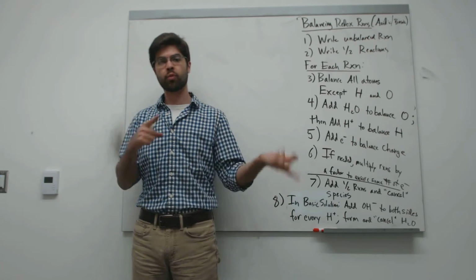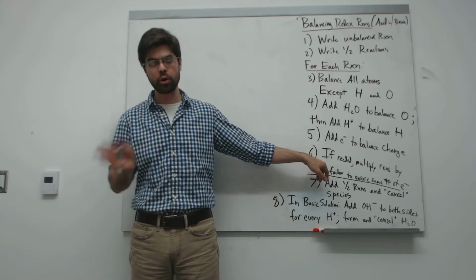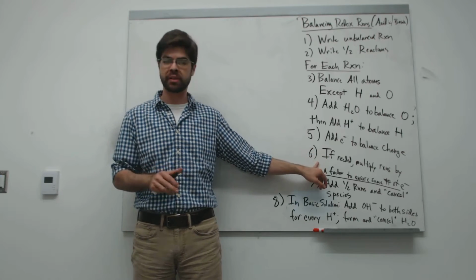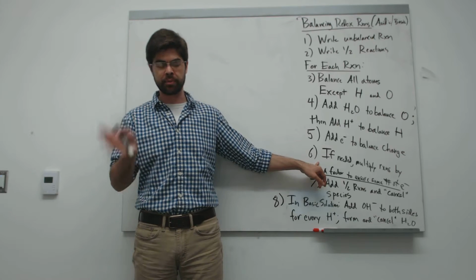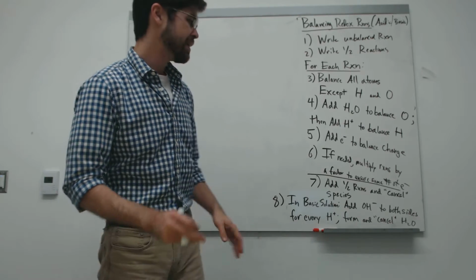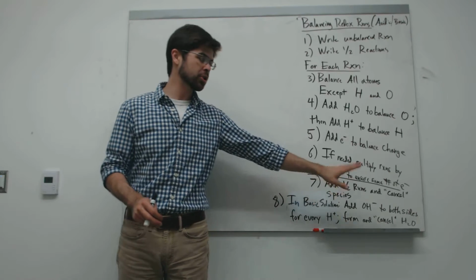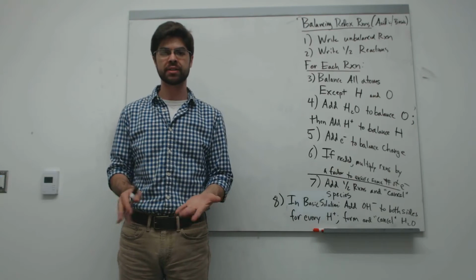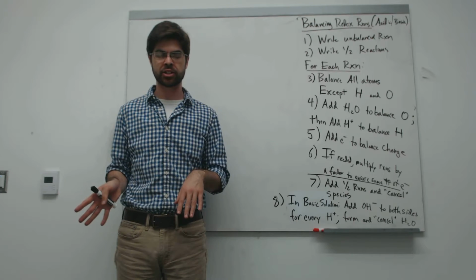And then, since we want to make sure we're transferring the correct number of electrons, you might need to multiply your half reactions by an integer number, by a factor, in order to make sure you're adding the same number of electrons. And then finally, you add together your two half reactions and then cancel out anything that's the same on both sides of the reactions.